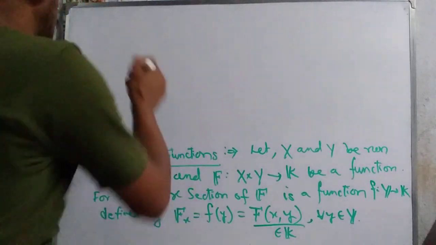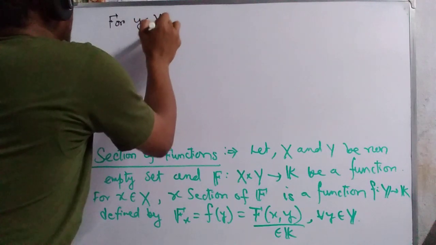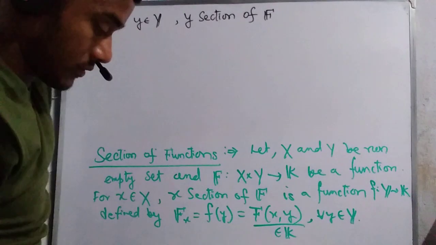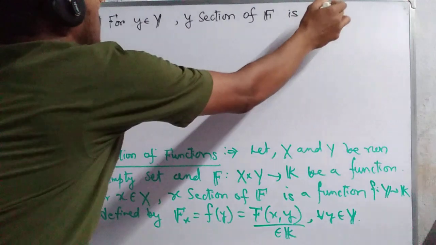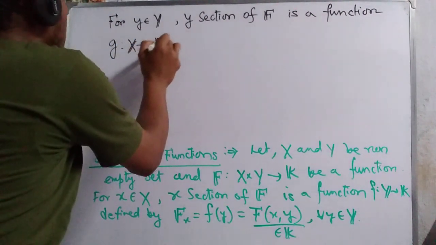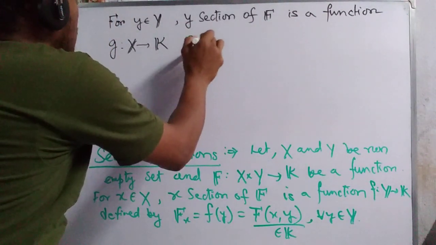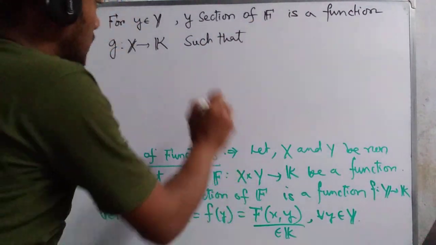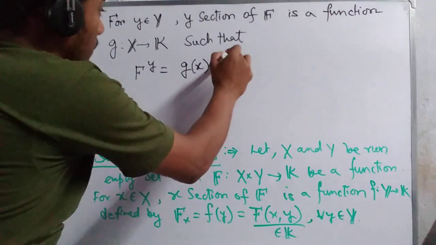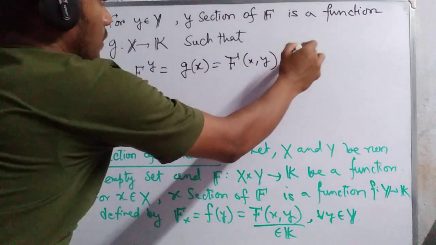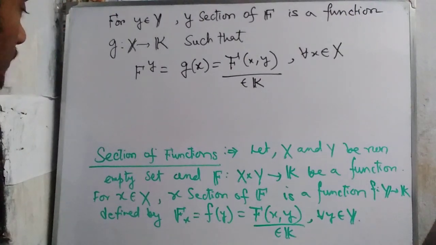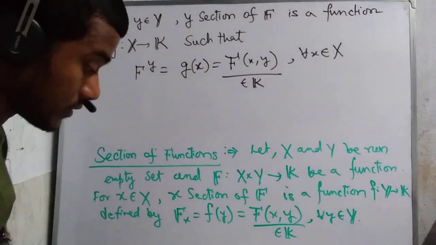Here we write about it. For y belonging to Y, the y section of f is a function g from X to K such that g(x) equals f(x, y) for all x belonging to X, and this belongs to K. Then this one is the y section of f.